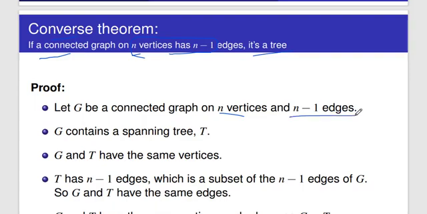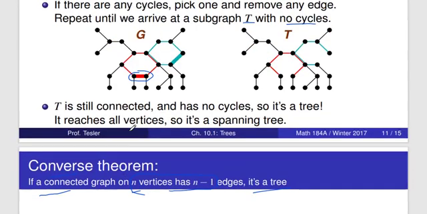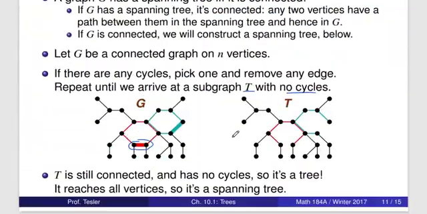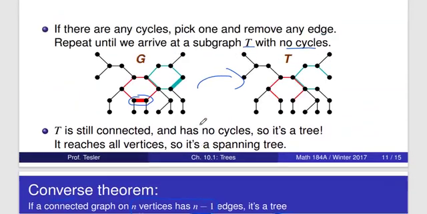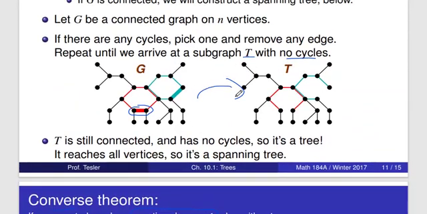We already know that we can convert any connected graph into a spanning tree by removing edges. So it's a subgraph of G, so G contains a spanning tree. Let's assume this is T.